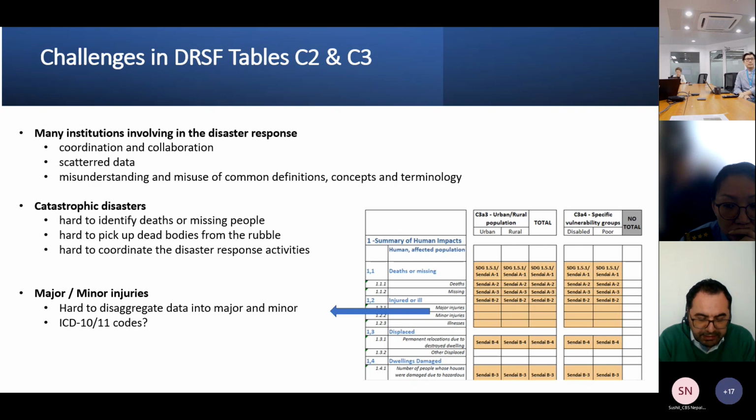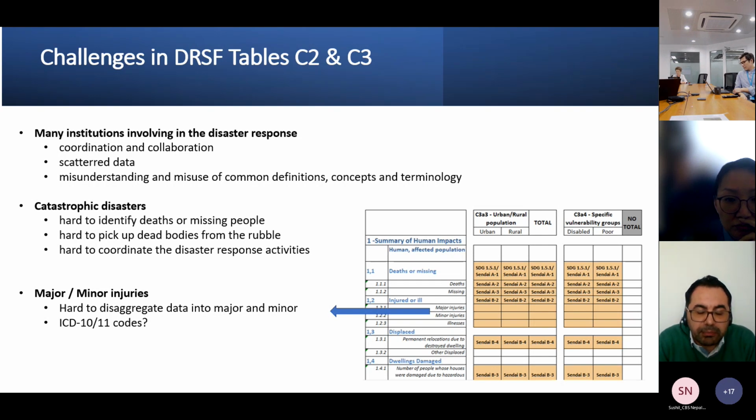This is a problem among the institutions to produce compatible statistics. Also, when a country experiences a catastrophic disaster, it is hard to identify deaths or missing people, because it can result in a large number of deaths or injuries, and it can also cause extensive damage and destruction of properties or facilities.